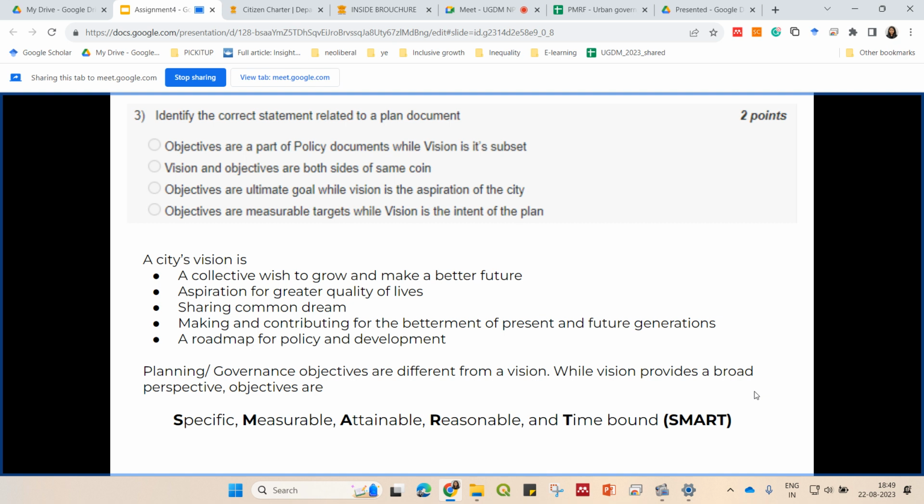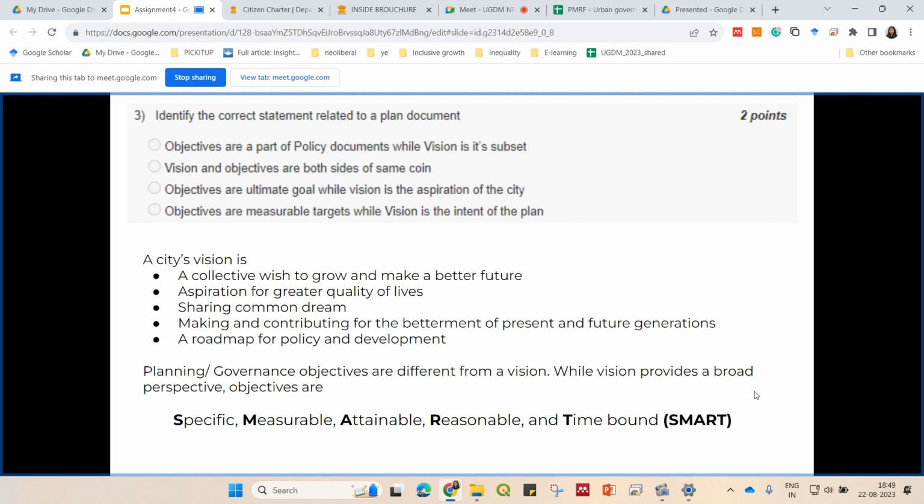So I'll tell you what objectives are and what a vision is, and by understanding both of them, I hope that you can get an understanding of which option of this question is correct. So a city's vision is a collective wish to grow and make a better future.